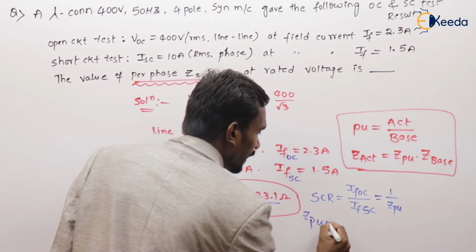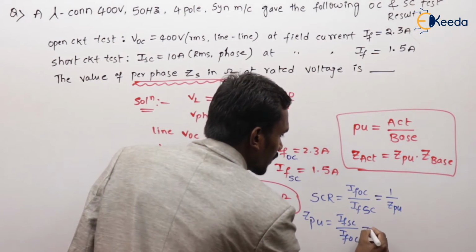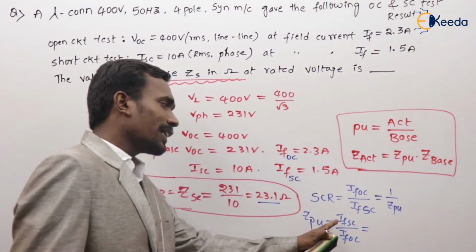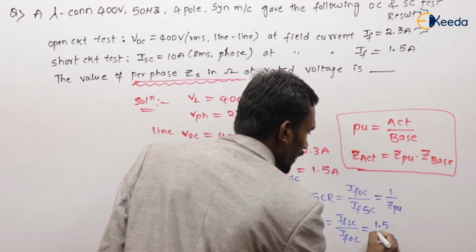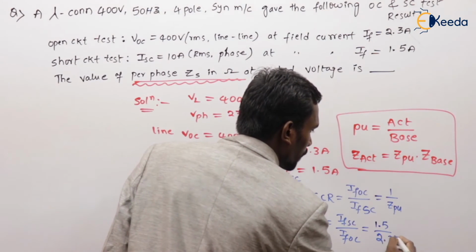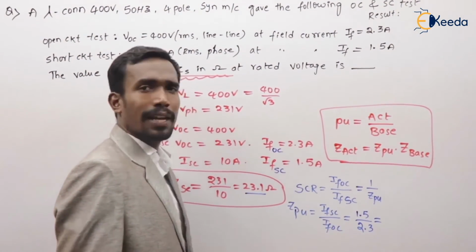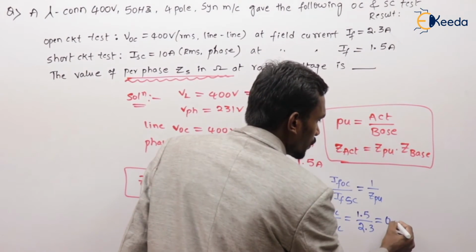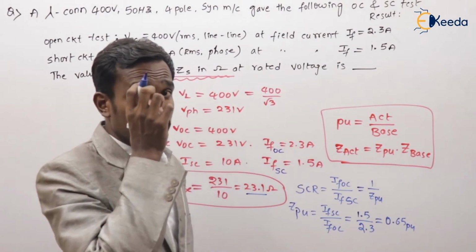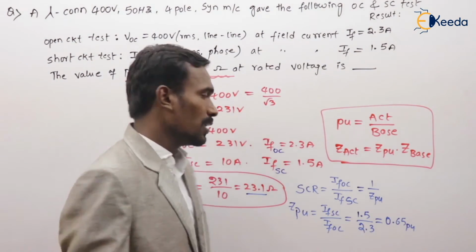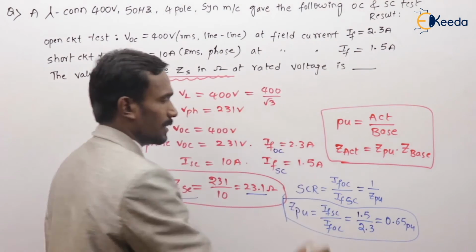The per unit impedance is equal to IFSC by IFOC, that is, the field current required for rated armature current, 1.5, by the field current required for rated open circuit voltage, 2.3. Then we can get this value, 0.65 per unit.